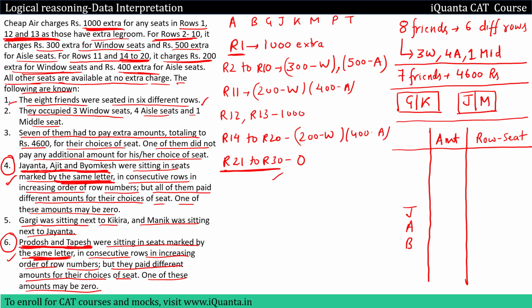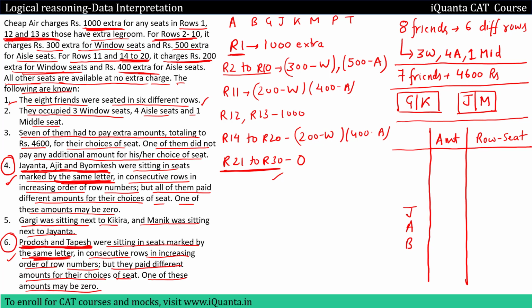Now after that, if I make Jayant sit in row 2, then Ajay, Byomkesh, they will have to sit in row 3, row 4. But in that case, the extra charges for row 2, row 3, row 4 are the same. R2 to R10 extra charges are the same, so R2 to R4 they'll be the same. This is not possible, okay, because we also have to make sure that they should have paid different extra fees.